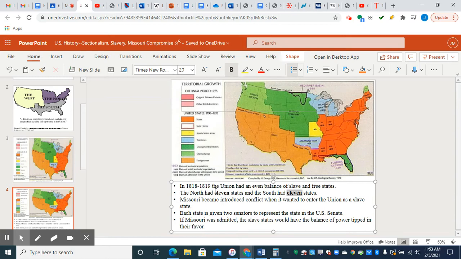And the more people that were in each state, the more people were in the House of Representatives. So like in America today, California has a lot of people, so they have 53 representatives in the House. Montana doesn't have that many people, so they have one representative. So that means bigger states by population have more of a say in the House of Representatives.